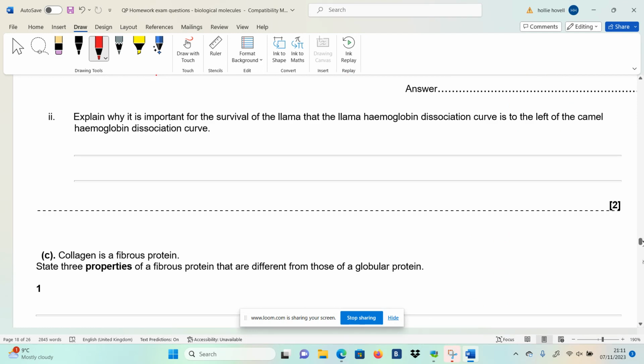So what you would say is that the llama hemoglobin, you can write hemoglobin as Hb for short, has a higher affinity. That means attraction to. It picks up oxygen more easily. Affinity for oxygen.